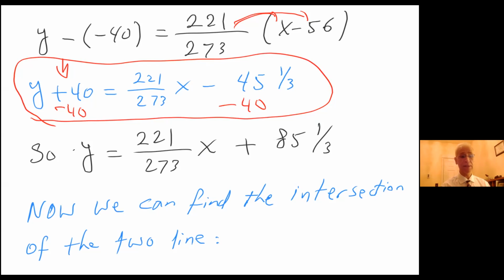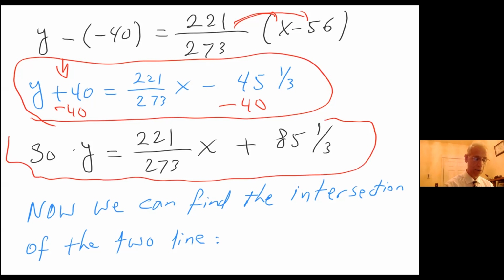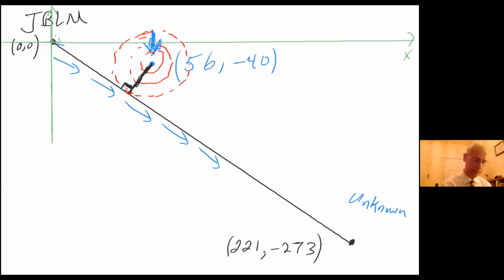Now this is the equation of the perpendicular line, the line going from the center of Mount Rainier and crossing the path of the airplane. So now I need to find the point of intersection. Let me go back to the drawing. I need to find this point of intersection right here.